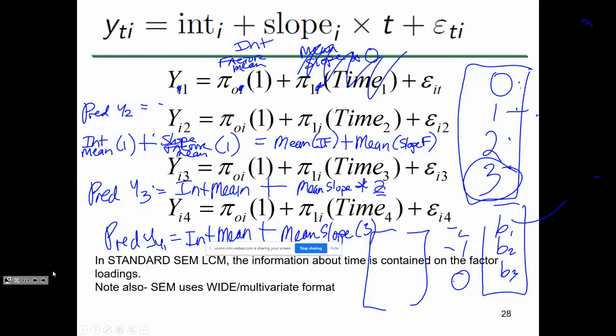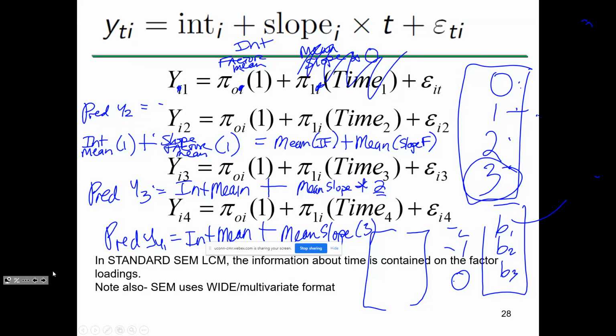Plus 2 degrees of freedom, because it was 4 minus 2, 2 degrees of freedom in the mean part of the model. And so if I run this in Mplus, it is going to tell me that I have 5 degrees of freedom.